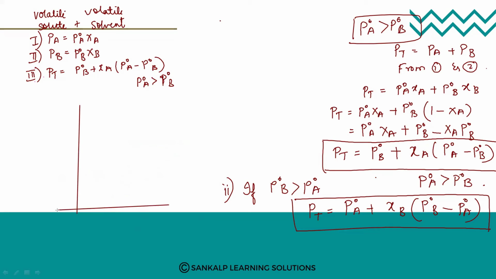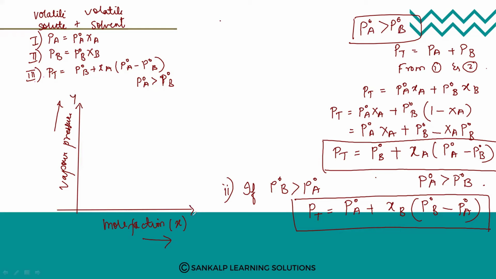At the x-axis, we have our mole fraction, denoted by chi. At the y-axis, we have vapor pressure. So this is the y-axis.